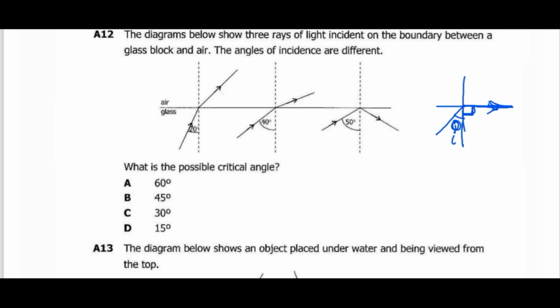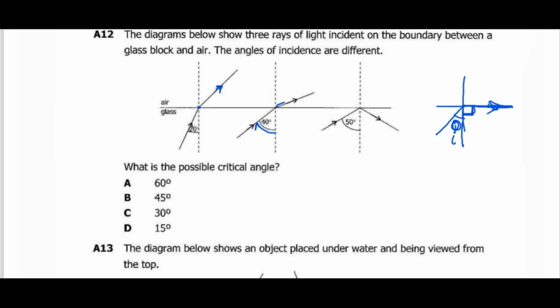Now let's look at the first illustration. When this line is here, we can see the reflected ray. Then we can see that the angle has decreased, and this ray of light has reflected more.